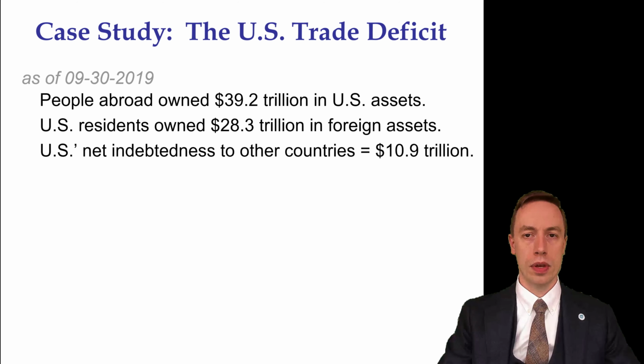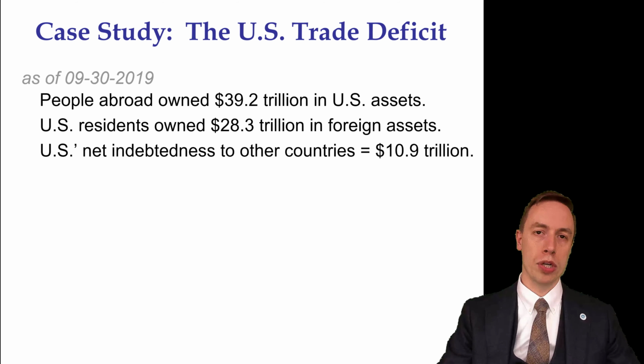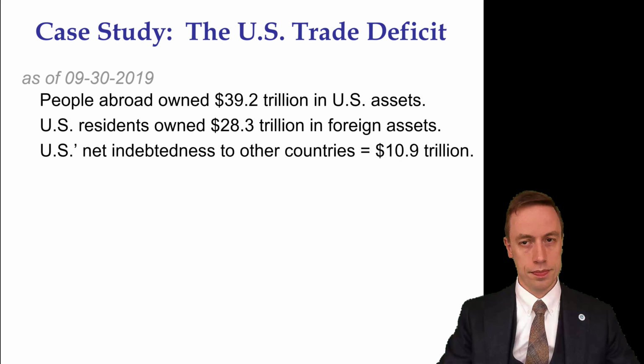Or in other words, when we look at international capital flows, this net indebtedness can both represent a public debt, like for example, the Chinese central bank owning a US government bond, but also a private debt, like for example, a British bank financing an American mortgage.